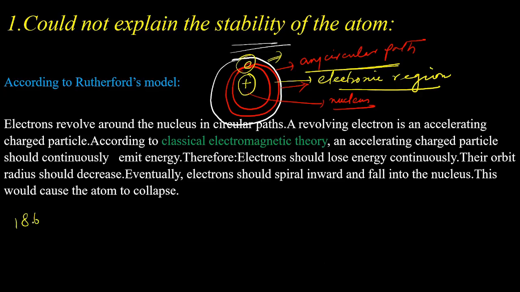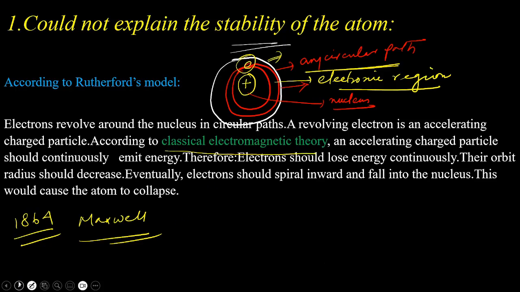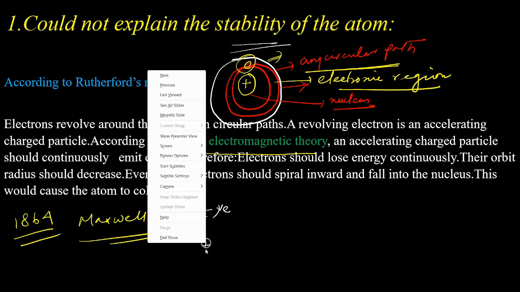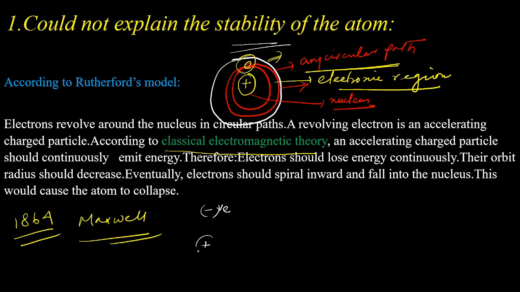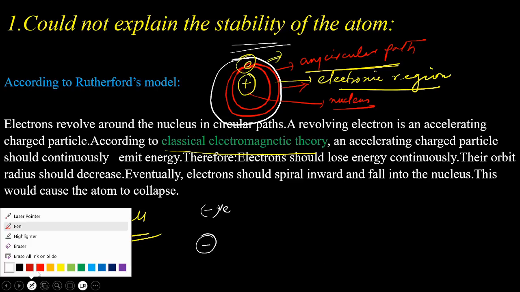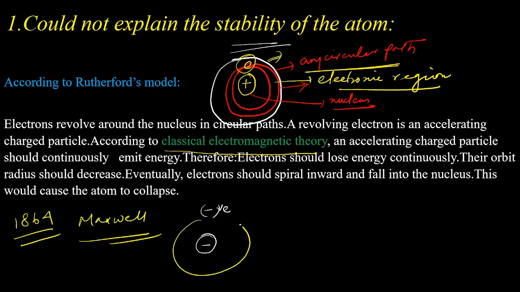In 1864, Maxwell, in his classical electromagnetic theory, stated that if any charged particle, suppose a negatively charged particle, is rotating in the field of a positively charged particle in a circular path or in any path, that charged particle gets accelerated.